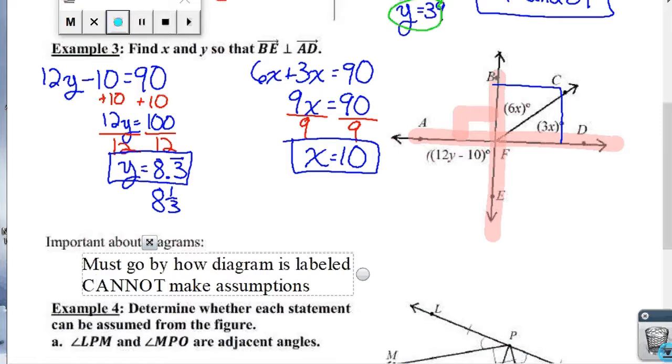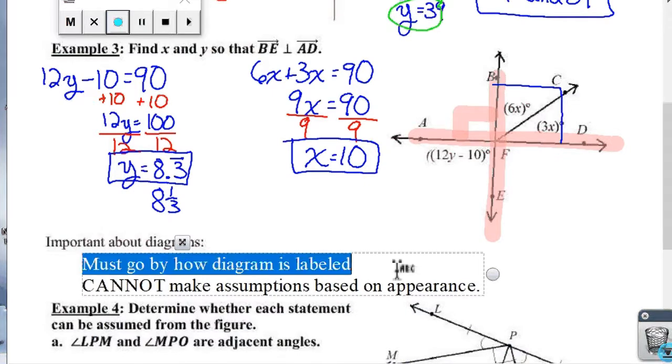Cannot make any assumptions based on appearance. Okay? And I would like that to be a different color. Highlight it all and make it blue.